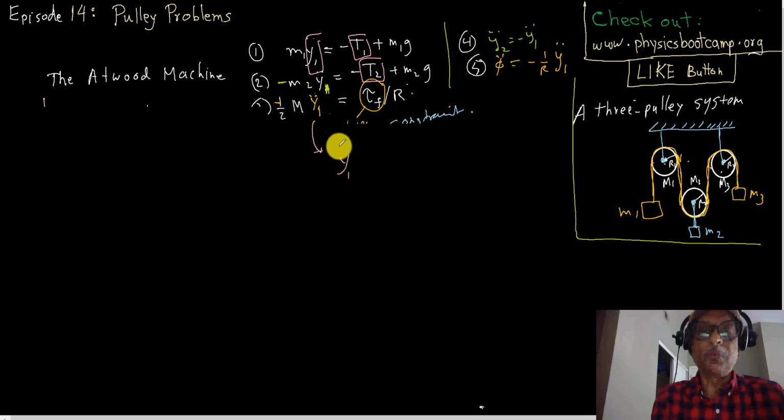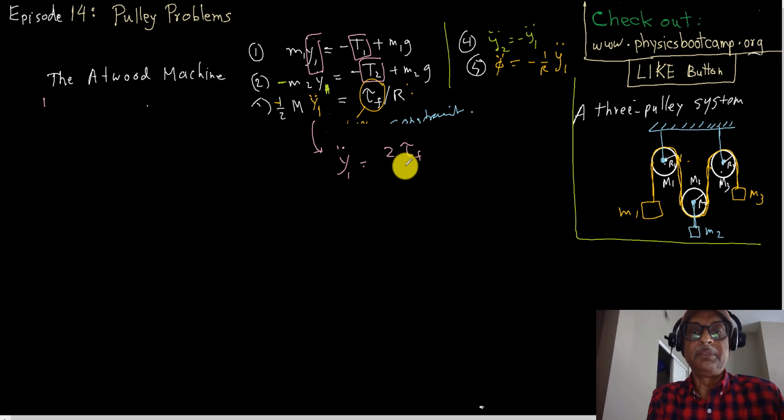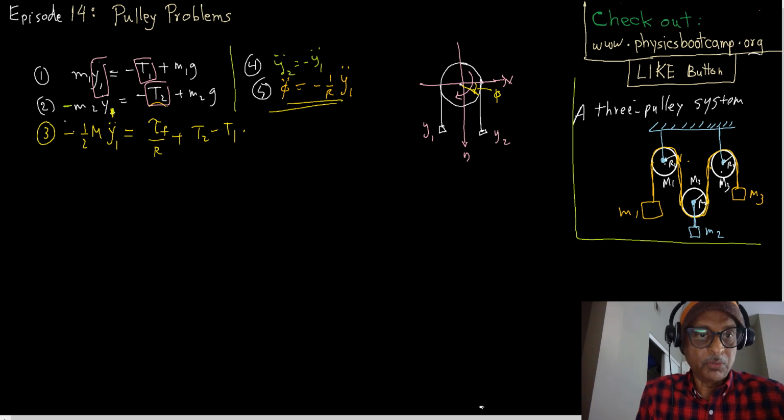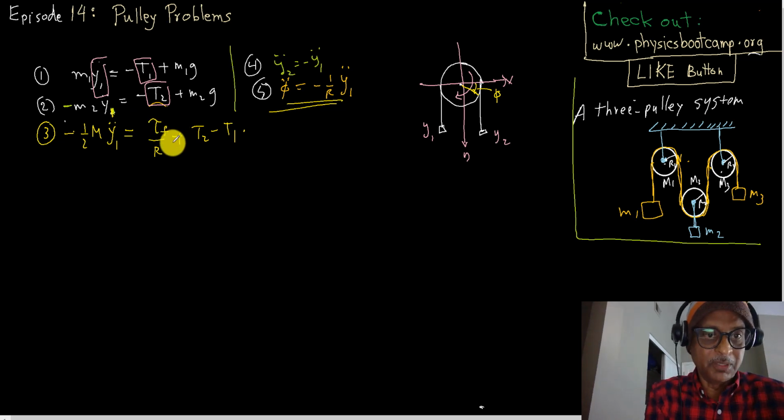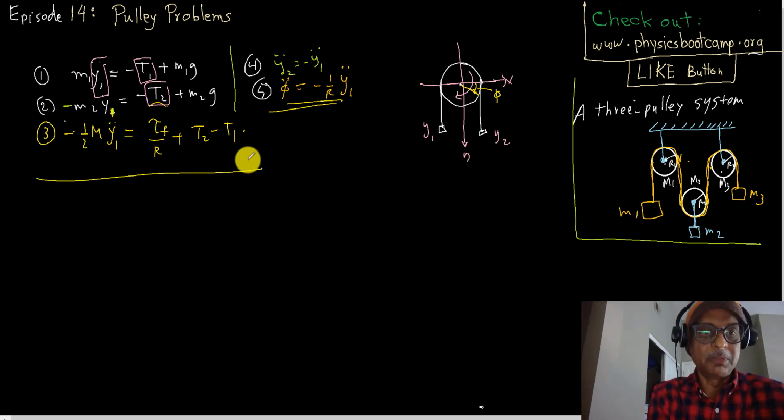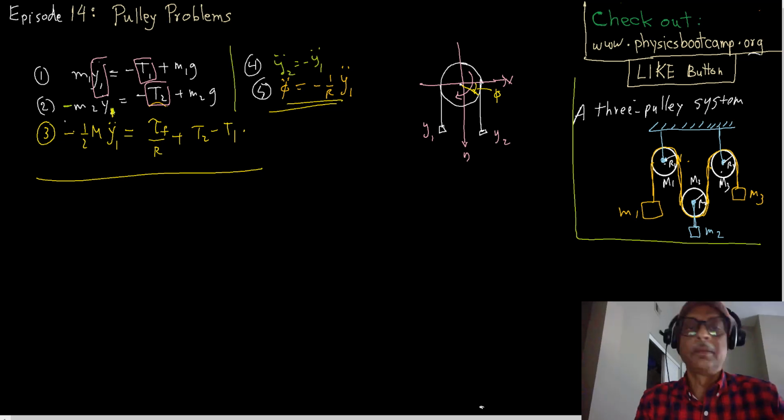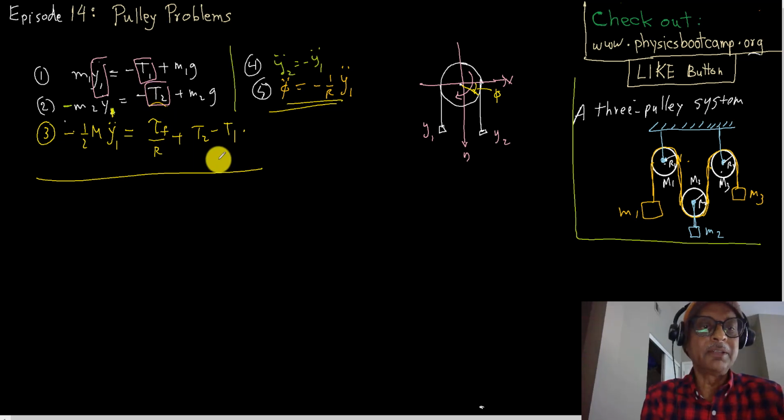So y1 double dot is... Okay, so how to solve for these unknowns? Clearly, if you add all of these up, then the t's will not cancel, right?